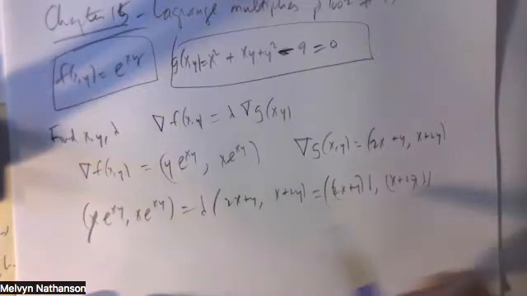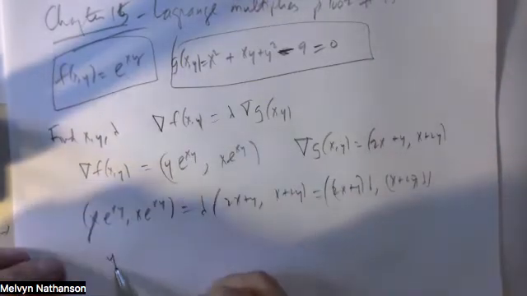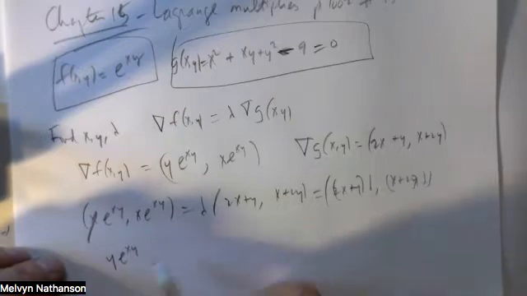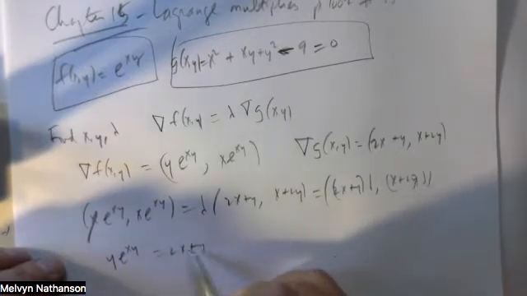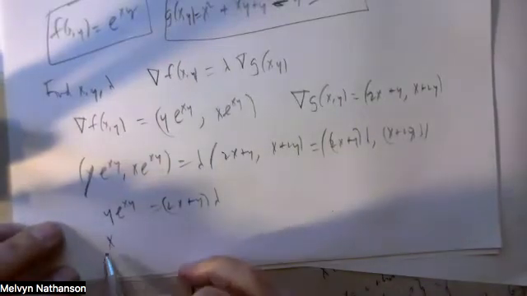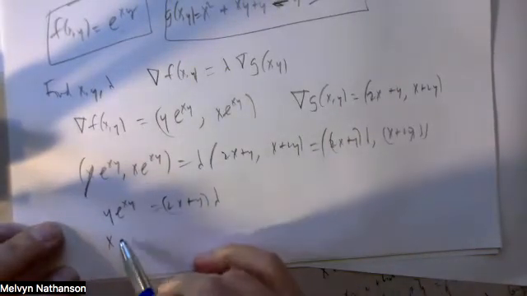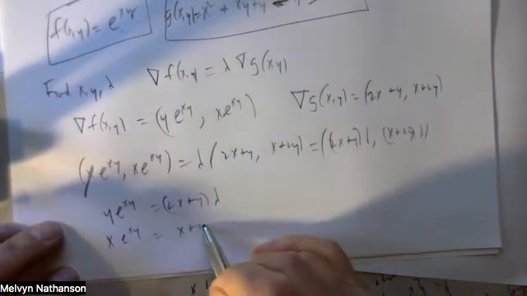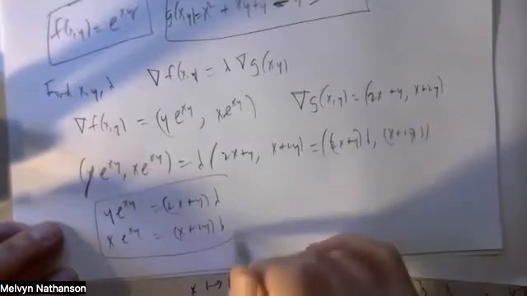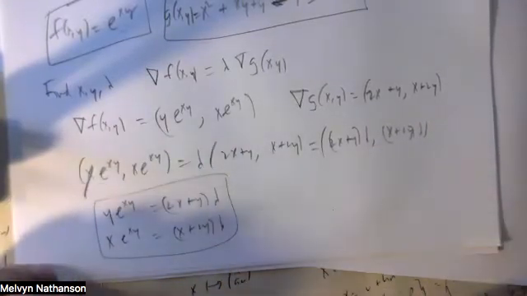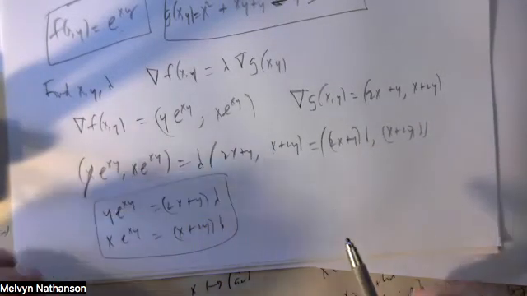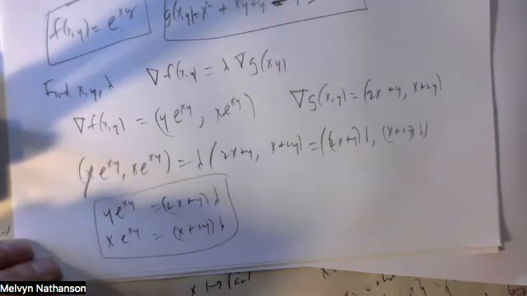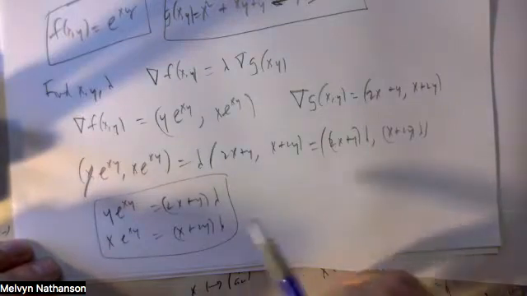So we have to satisfy these equations: y e to the xy is (2x plus y) times lambda, and x e to the xy is (x plus 2y) lambda. The trick that we've used several times is to subtract one of these two equations from the other.